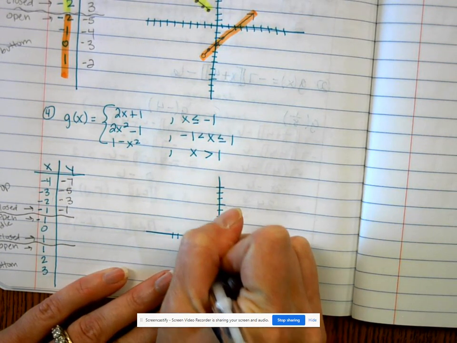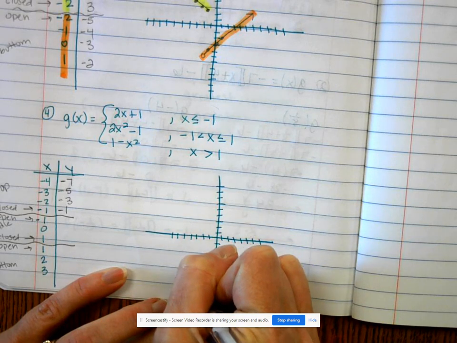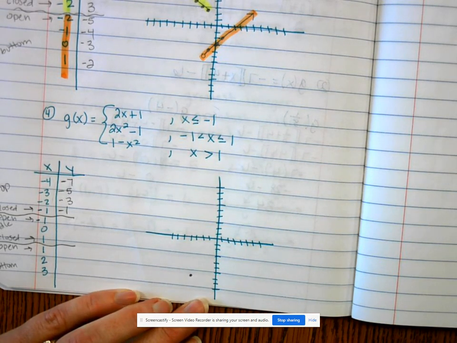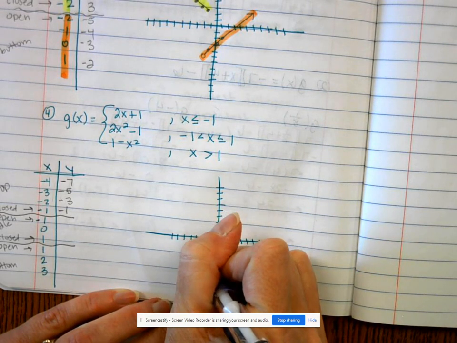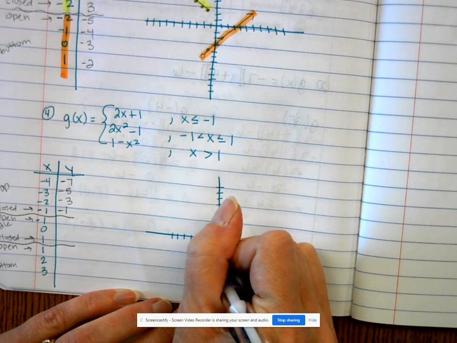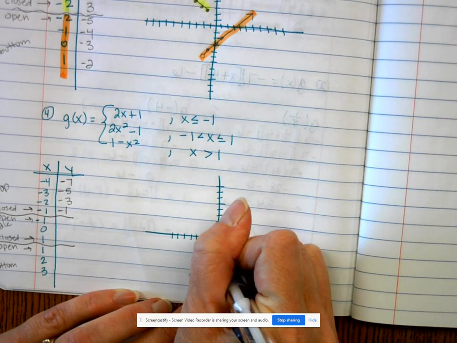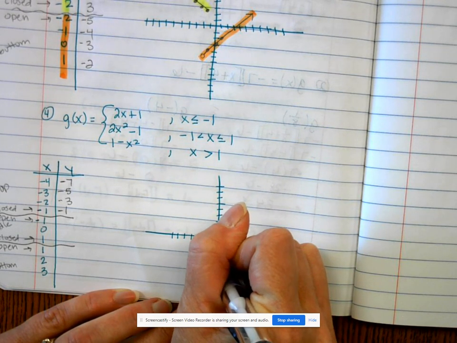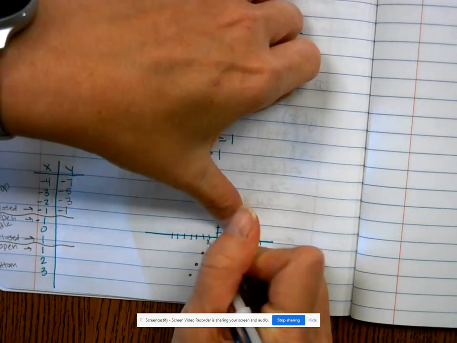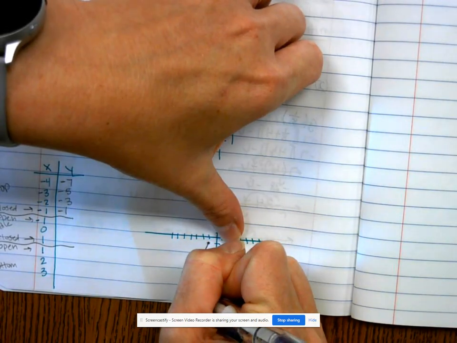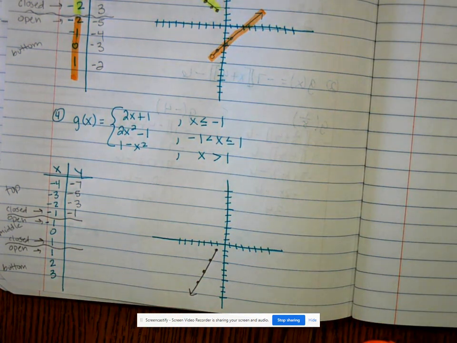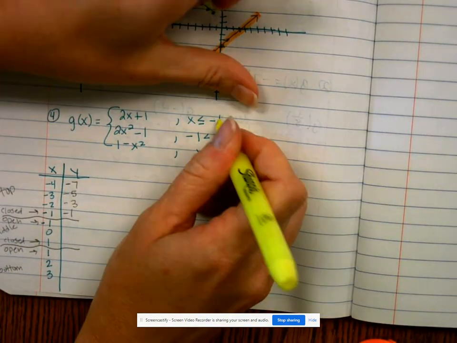So -4, -7, -3, -5, -2, -3, -1, -1. And it's to the left because it's smaller, so we're going to go that way. All right, so that's all the top.